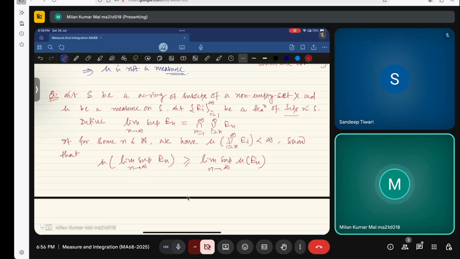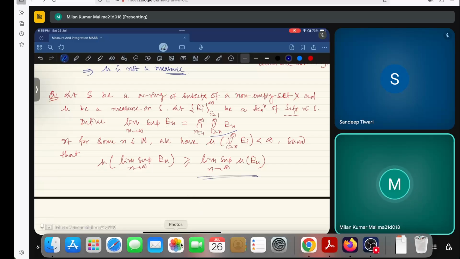If for some natural number n the measure of this particular union is finite, then the measure of the left-hand side, mu of limsup, is greater than or equal to the limsup of mu. This limsup is the usual real number limsup. Okay, so let's think a little bit and then do it.